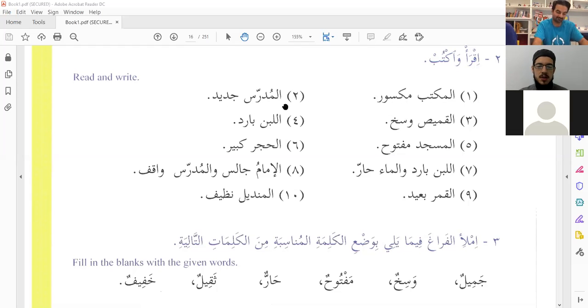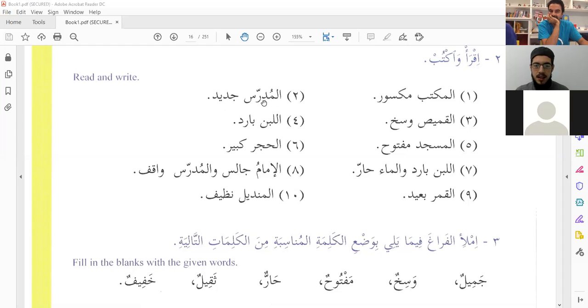Could you please do number 2? Al-mudarrisu jadidun. Excellent work. Al-mudarrisu, our intriguing word from the last lesson. So look at how they took away everything except this one dhamma to kind of give you a hint.